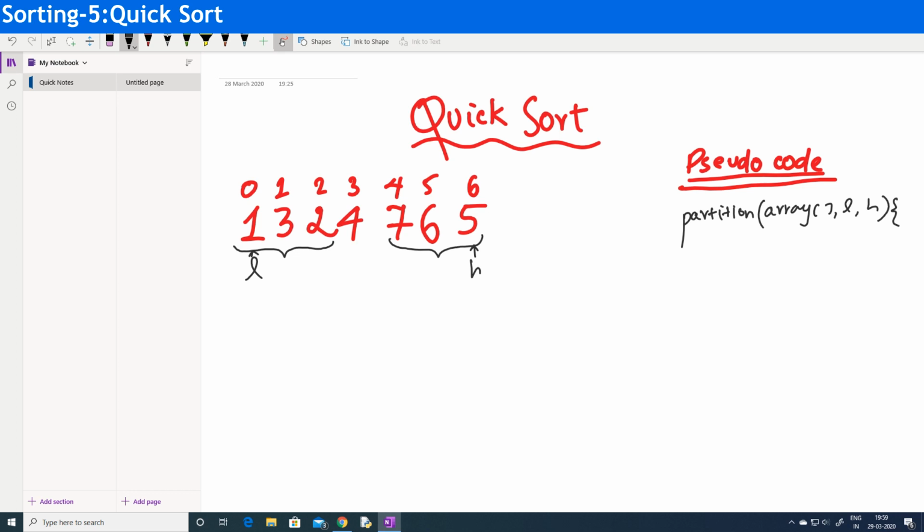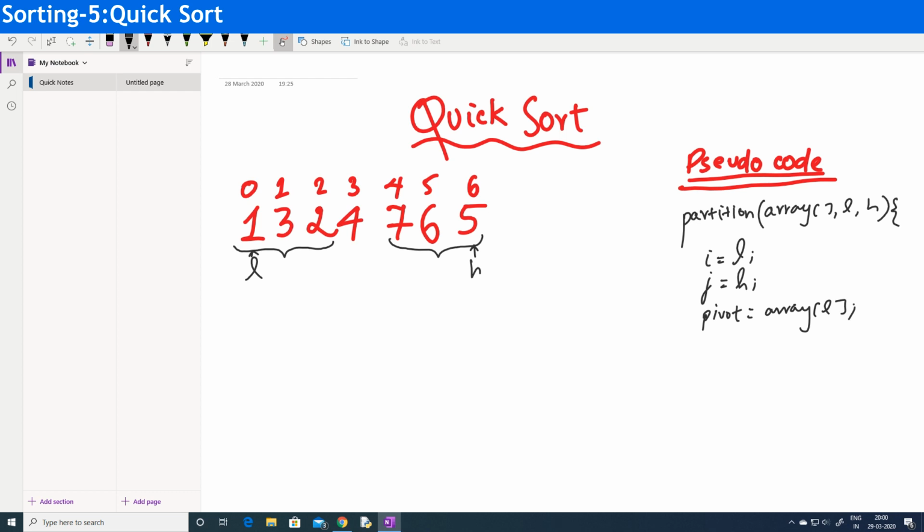So we now have the partitioning function and first we are going to assign the values for I, j and pivot. So first I will be low and j will be high and pivot is not the index but it's the element, so it will be array of low in the starting.